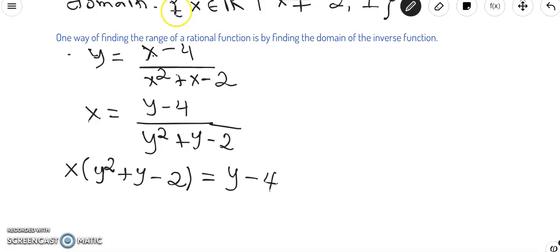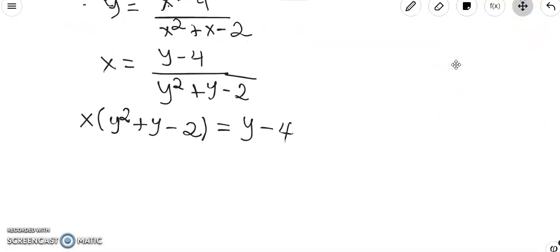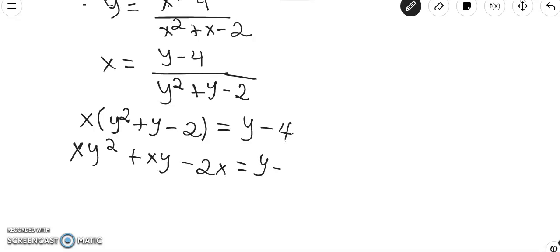So, distribute na natin ang x. So, magiging xy squared plus xy minus 2x is equal to y minus 4.